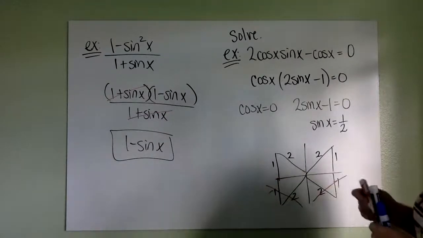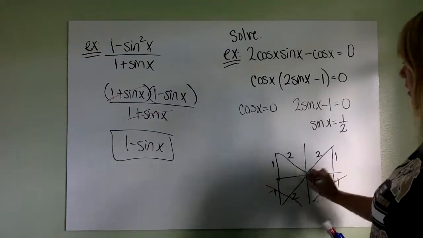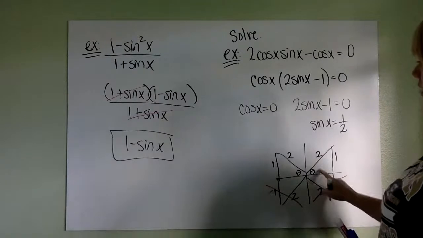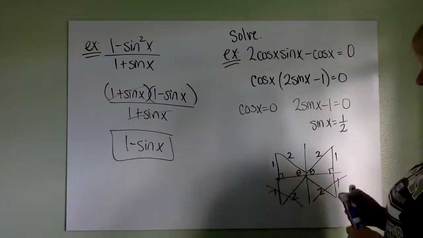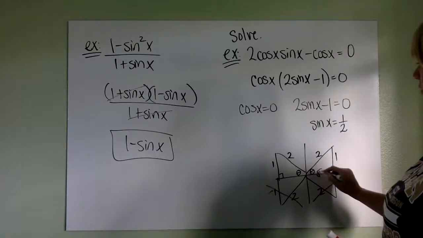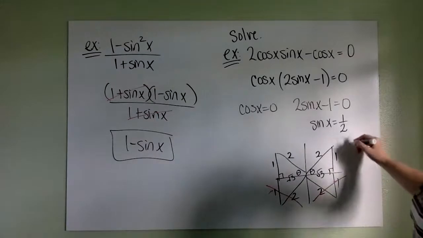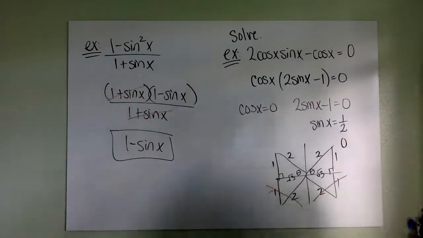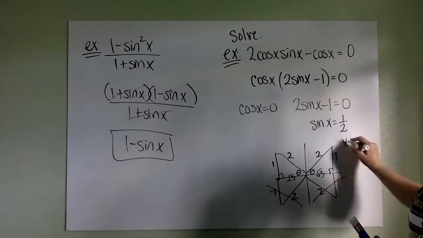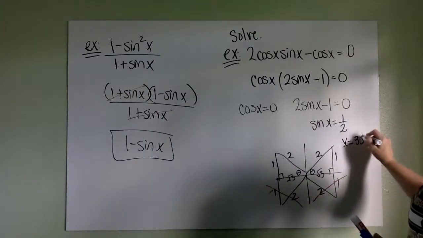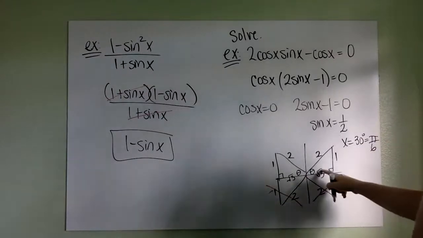So what is the angle in here that would give me 1/2 for a sine? So this is a square root of 3 right here. So this angle would be 30 degrees. Pi over 6 right here.